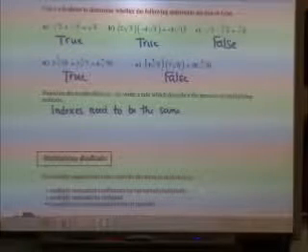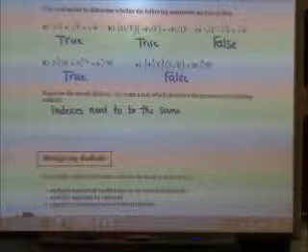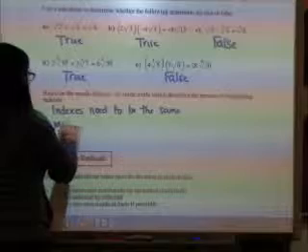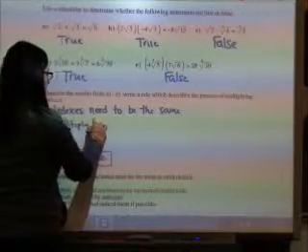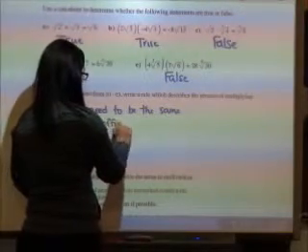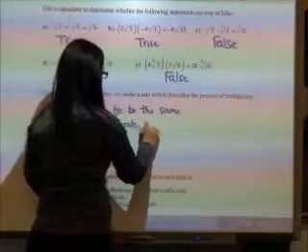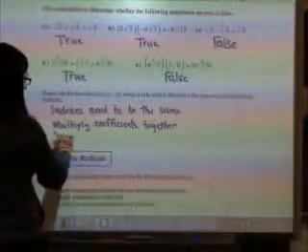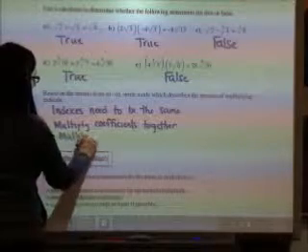So when the indexes were the same, such as in A, B, and D, what can I do then? Multiply the coefficients. So multiply coefficients together. And multiply, what do we call the part underneath the radical sign?